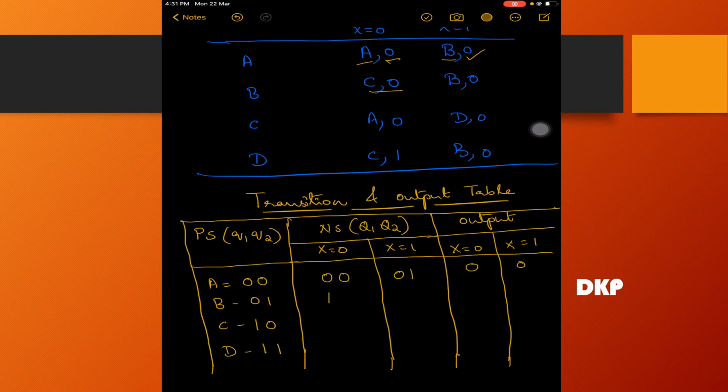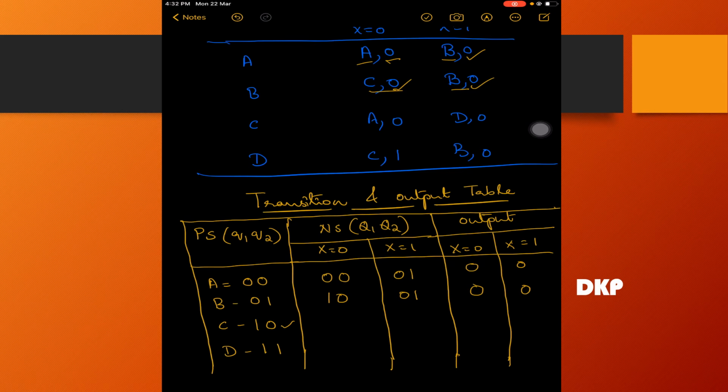Similarly, in the next row, instead of C, you will write 1, 0, because you have assigned C as 1, 0. So write 1, 0 here, and 0 is the output. This output should be written here. Here B means 0, 1, as you have assigned. And the output here is again 0. Similarly, you can write the remaining.